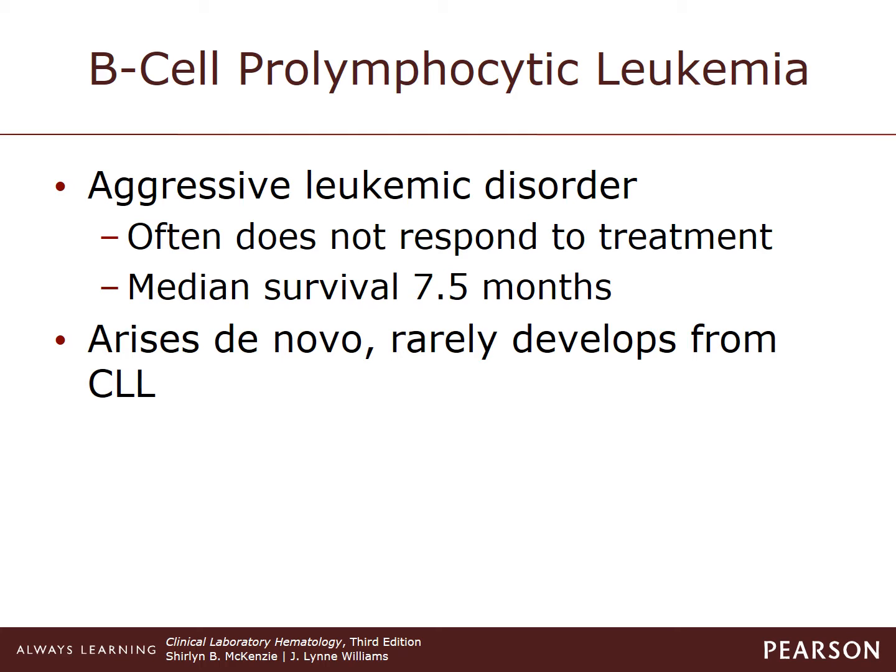With this condition, you start to see a stronger expression of CD20 as well as FMC7 with an absence of CD23. There are some chromosome abnormalities that have been associated with this condition, but the short arm of chromosome 17 can often be deleted.